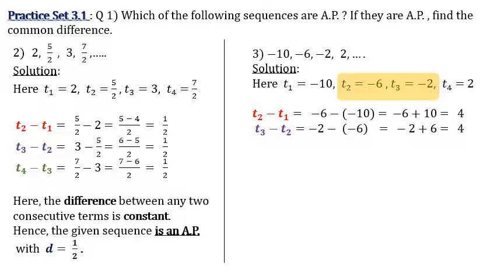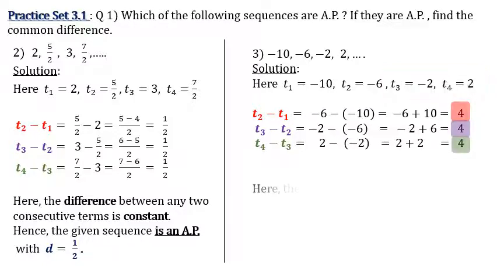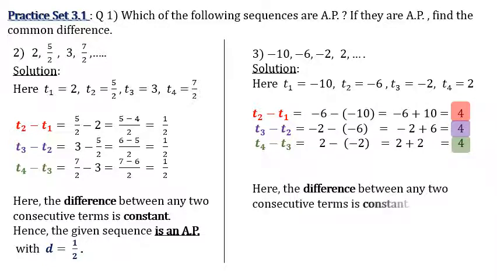Similarly, find the difference between T4 and T3. Observe that the difference between any two consecutive terms here is a constant, that is 4. Therefore, the given sequence is an AP with common difference equal to 4.